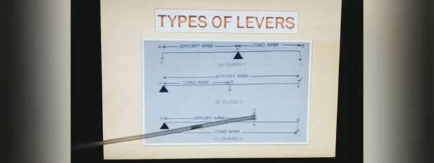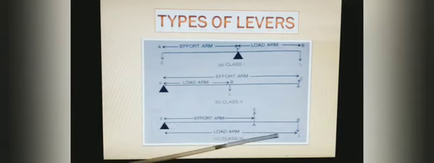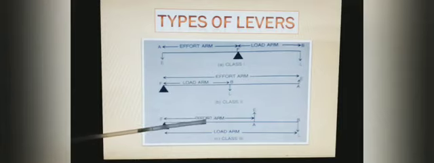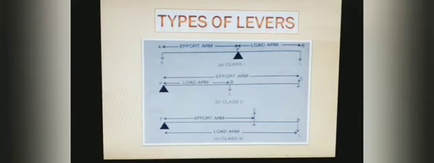So in this diagram you can see effort arm is shorter than load arm. So mechanical advantage is less than 1. The lever whose mechanical advantage is less than 1 acts as a speed multiplier. Now we will see examples of these class 1, class 2 and class 3 levers.